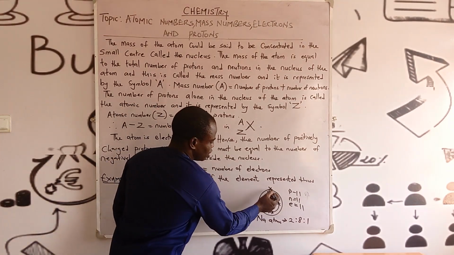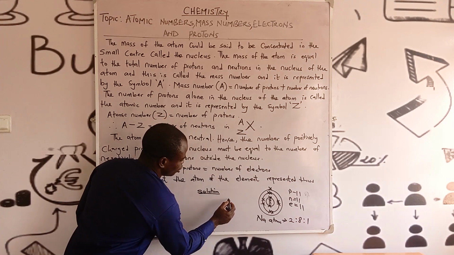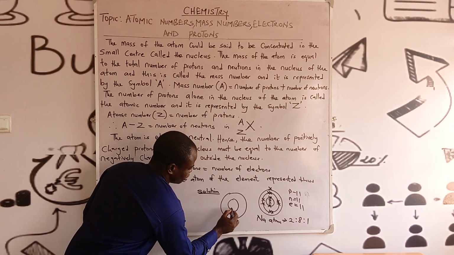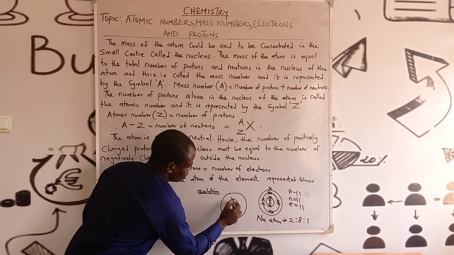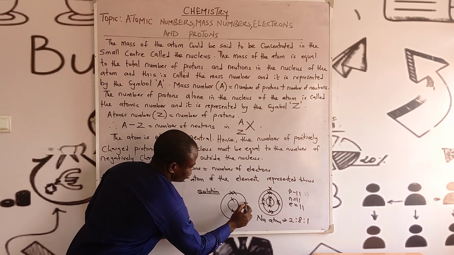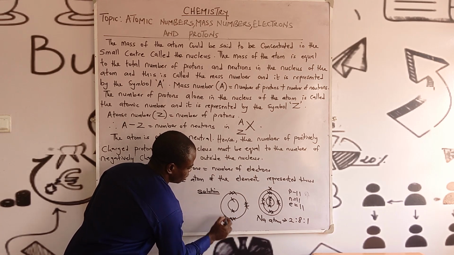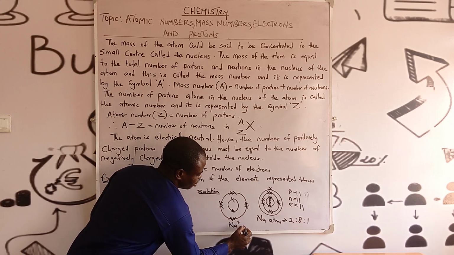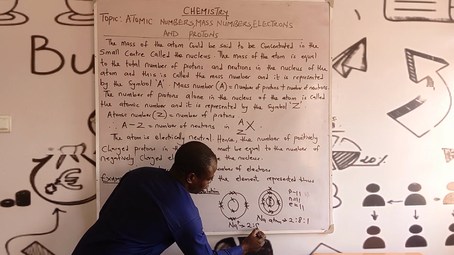But when it loses this one electron to become the sodium ion, it becomes 2, 8.